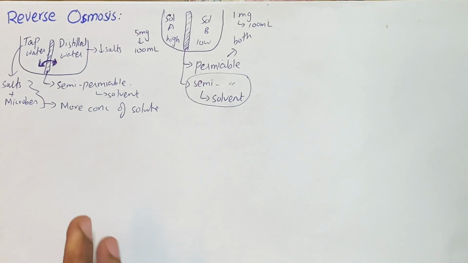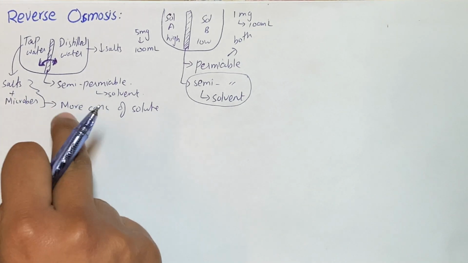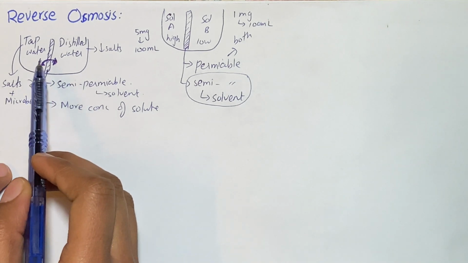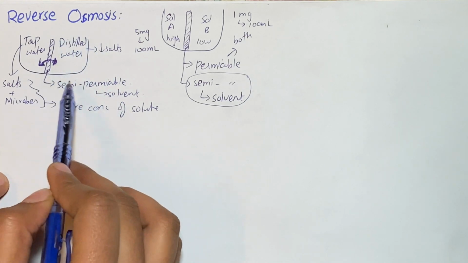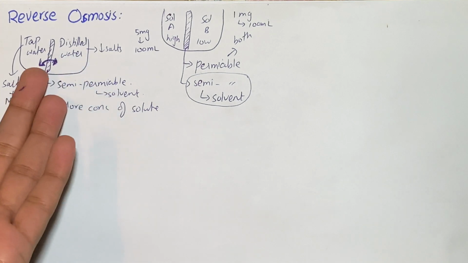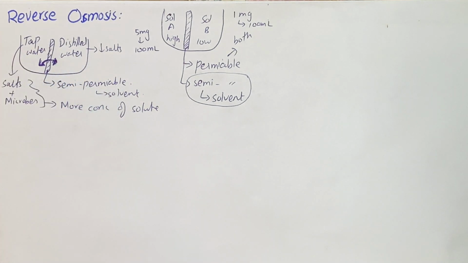So now we can say that we do not need osmosis, but we need reverse osmosis, because we want to clean the tap water of all those salts, microbes and pyrogens, and we do not want to lose distilled water, because the process is actually destroying our already pure water.